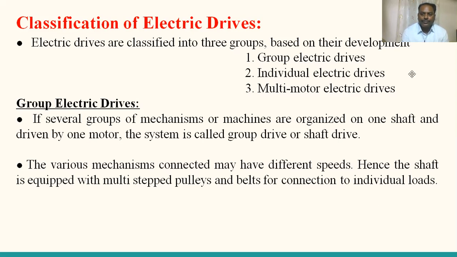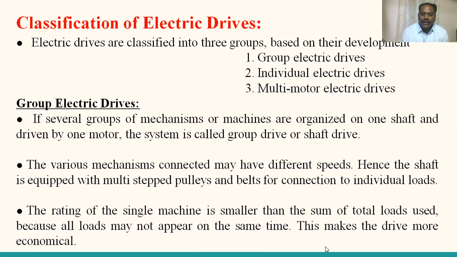The rating of the single machine is smaller than the sum of the total loads used, because all loads may not appear at the same time. This makes the drive more economical. It is obviously true, because the rating of the main motor is smaller compared to the sum of the ratings of all the motors functioning for various applications.